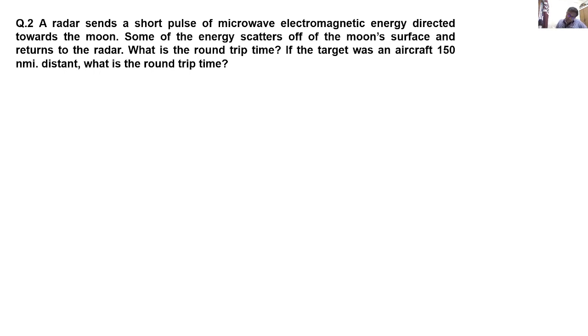Part A wants you to know the time when it goes to the moon surface. Speed is equal to distance by time, so time is distance by speed. These questions are very easy in that case.